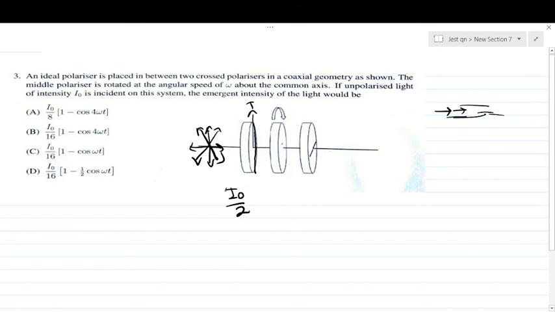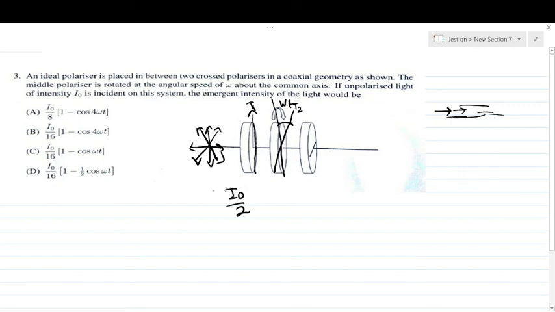After passing through this, the middle polarizer is rotated, with transmission axis going from T1 to T2 by rotating through angle omega t.